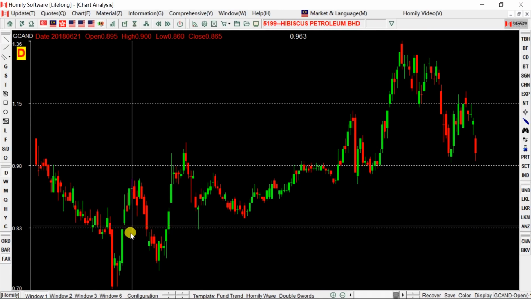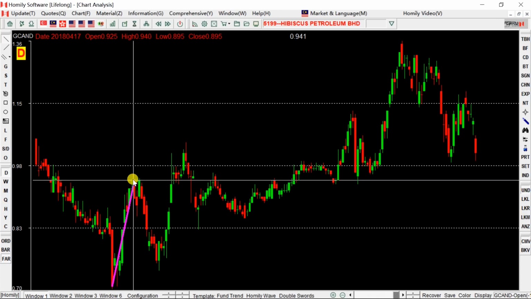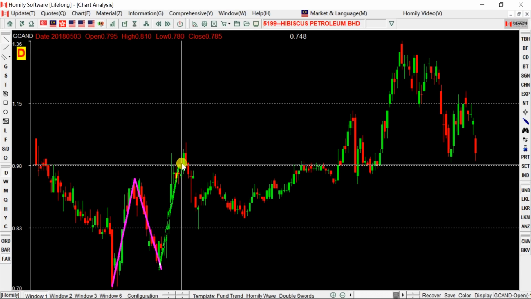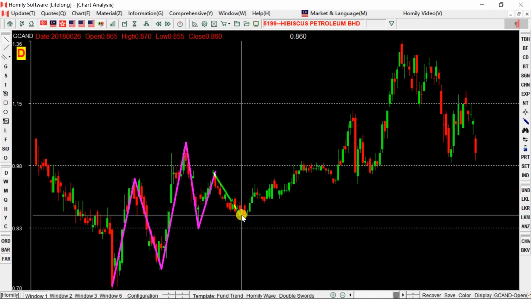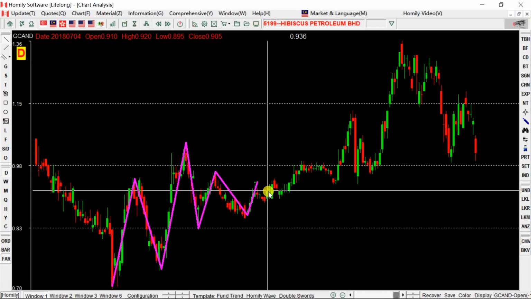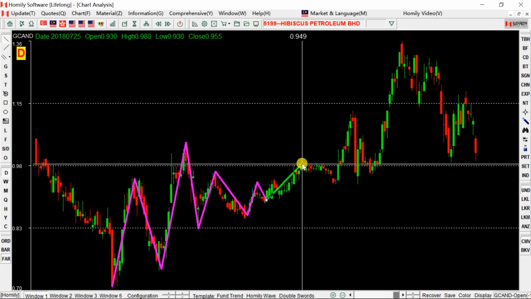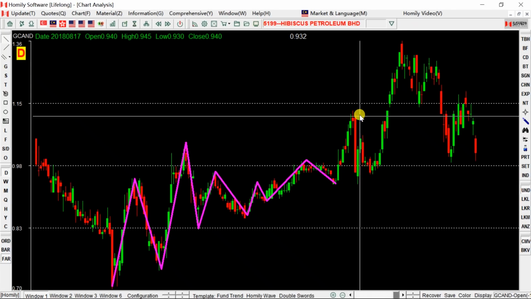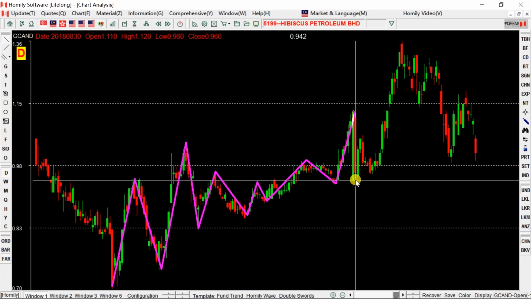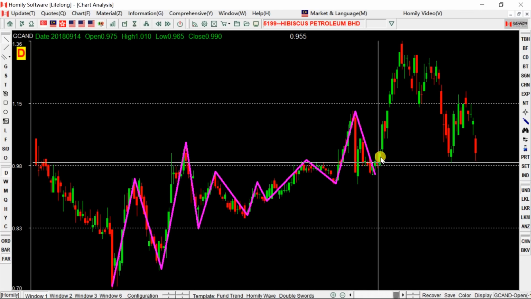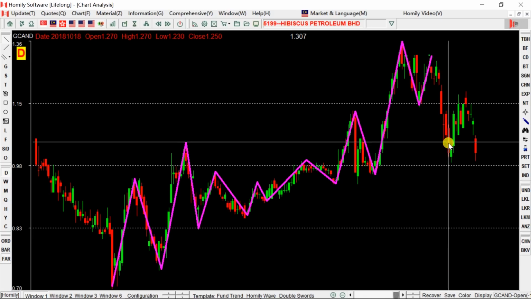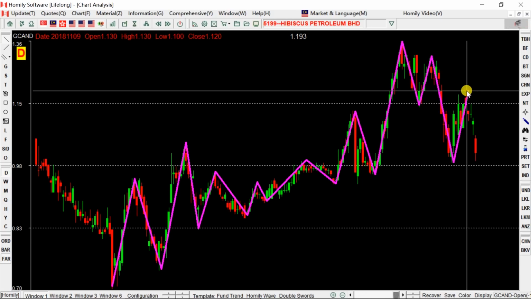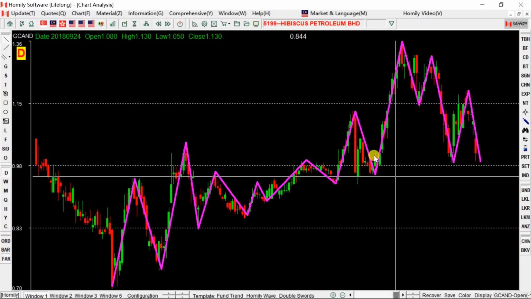For example, this stock. First, we connect the important highs and the important lows to make the chart clearer. Connect the highs and the lows. Different people may connect different highs and lows, so it's very complicated, right?